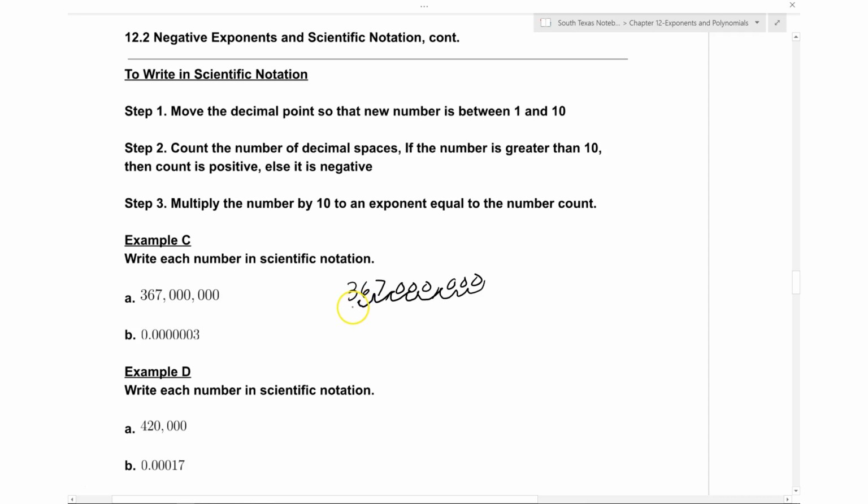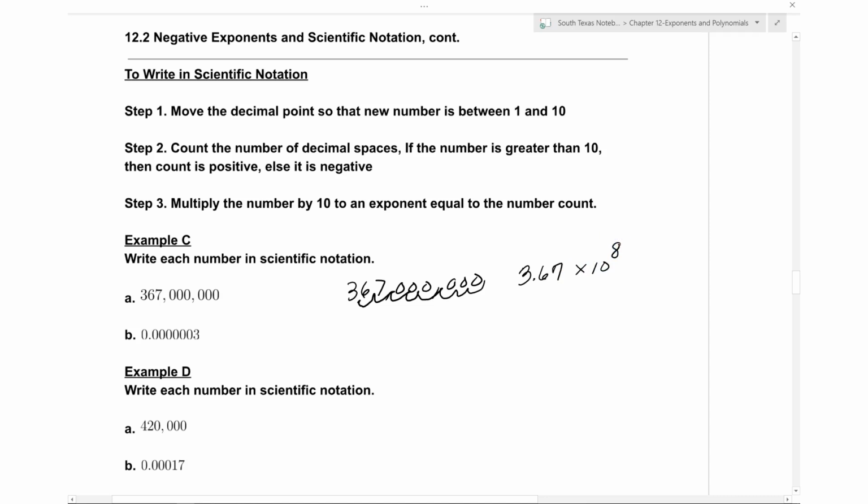We want a number here that's between 1 and 10. You notice we moved over 1, 2, 3, 4, 5, 6, 7, 8. So this will be 3.67. I'm going to check again: 1, 2, 3, 4, 5, 6, 7, 8. Times 10 to the 8th power.